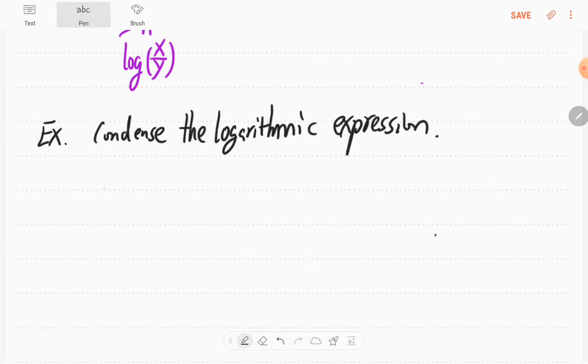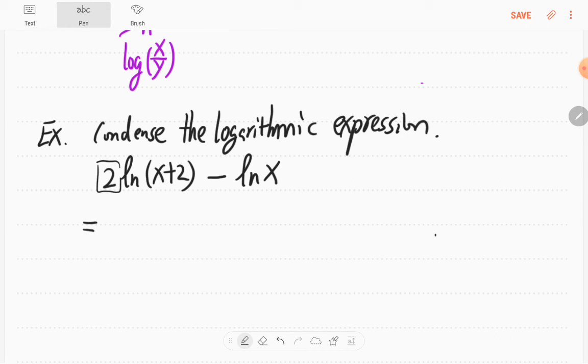So this one, 2 ln x plus 2 minus ln x, then you can combine. But you cannot combine directly. The first thing you need to do is bring this number inside the natural log.